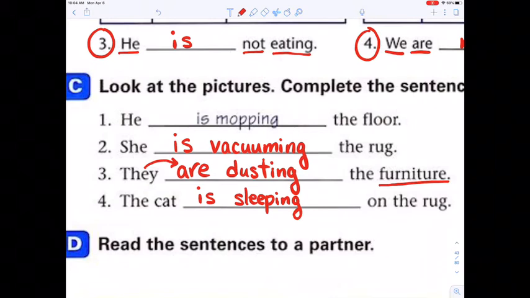Okay, everybody, please repeat after me. Number 1, he is mopping the floor. Number 2, she is vacuuming the rug.